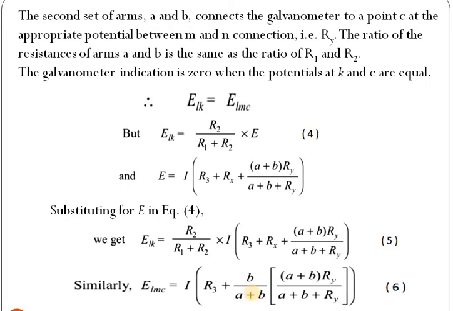So R3 plus B by (A plus B) multiplied with the parallel combination of A plus B with Ry, which gives (A plus B) Ry divided by (A plus B plus Ry). You have to make the derivation with respect to the circuit diagram. Take that circuit diagram into consideration, then derive this, and you can clearly understand it. Now indicate this as equation 6.